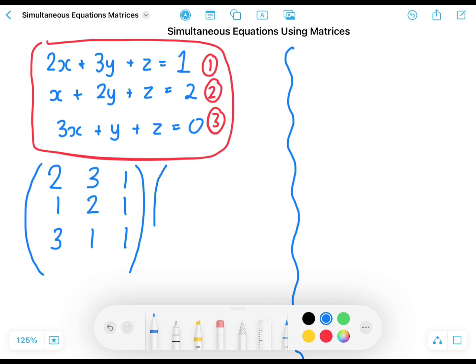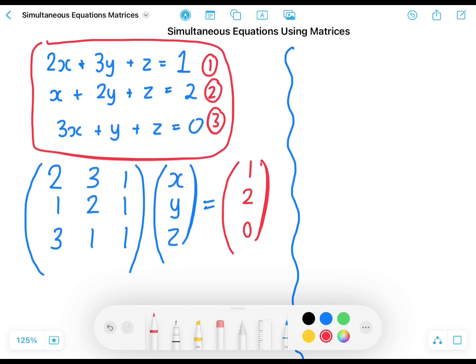And if we then multiply that by the 3x1 matrix x, y, z, then we will get 1, 2, 0. Because if you multiply those 2 matrices together on the left-hand side, then you will get the initial set of equations.